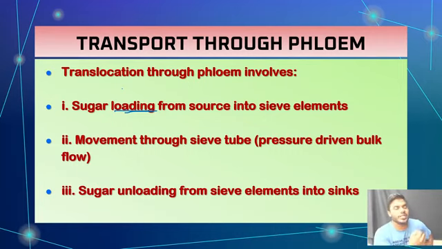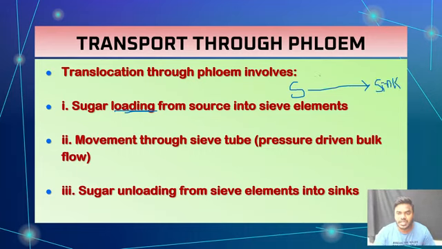Of course, once we reach the new house, we will unload everything. Same here, just replace the lorry with the sieve tube element of the phloem. Replace the goods with the sugar. That's all. So what is the ultimate goal? The ultimate goal is we want to transport the sugars from the source to the sink via sieve tube elements.